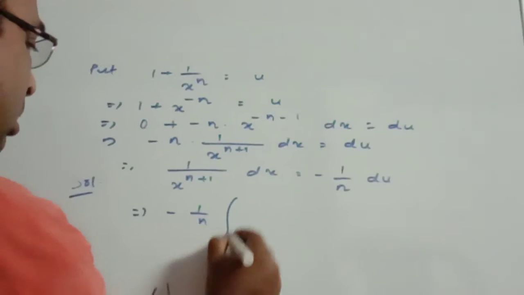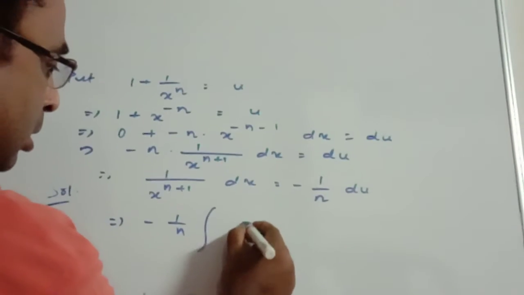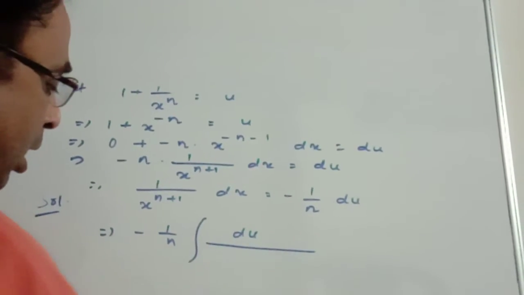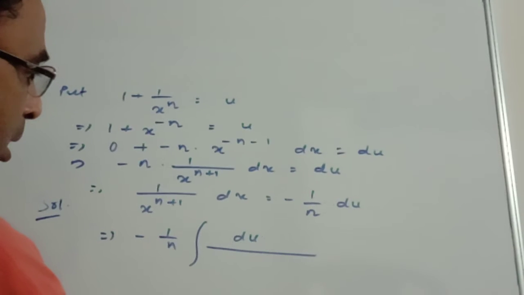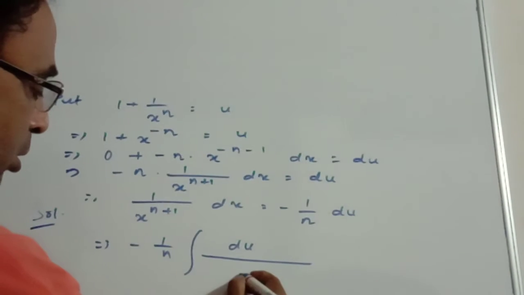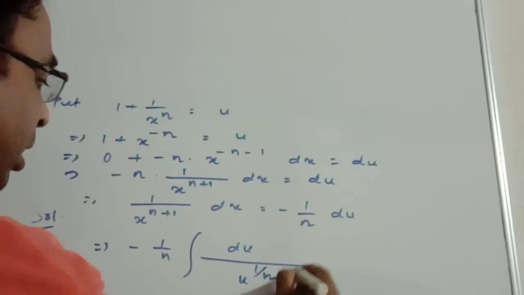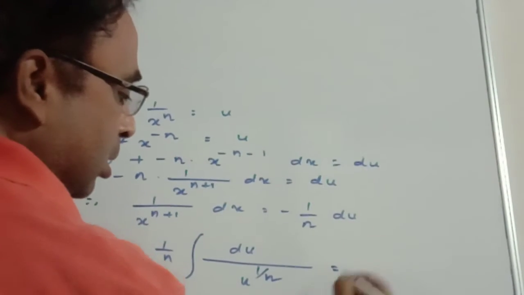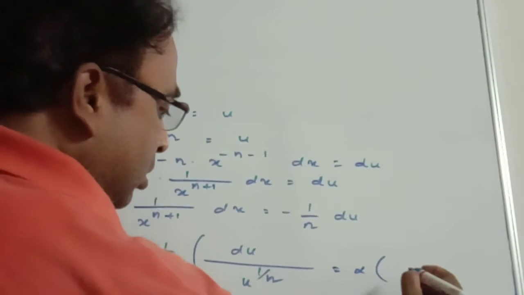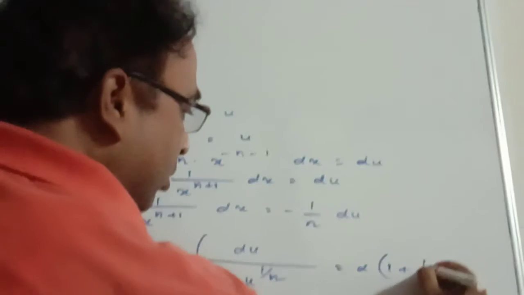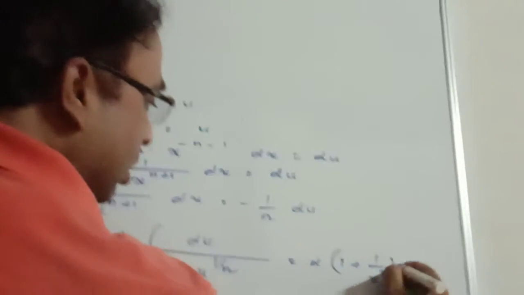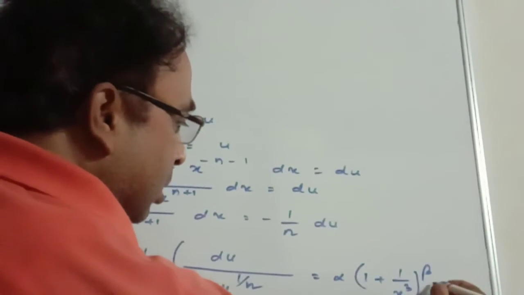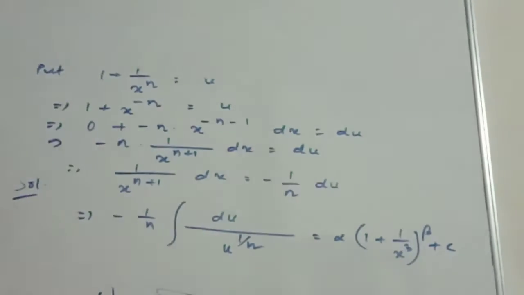Now it becomes minus 1 by n integration of du by u to the power 1 by n, equal to alpha into (1 plus 1 by x cube) to the power beta plus c.